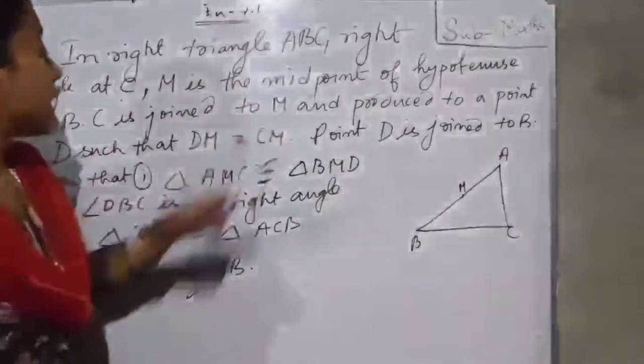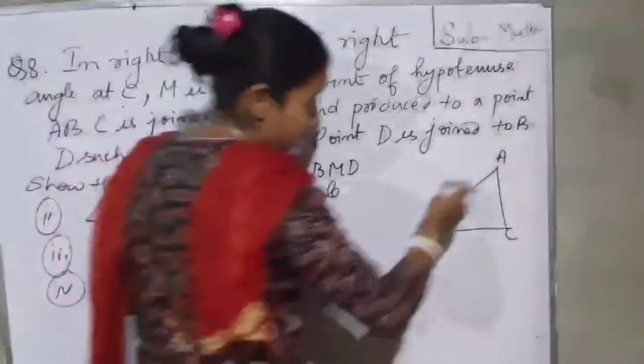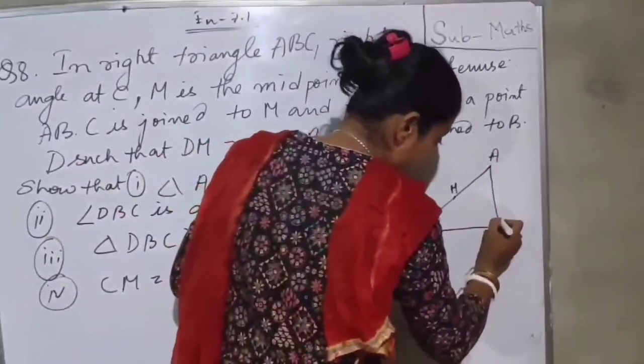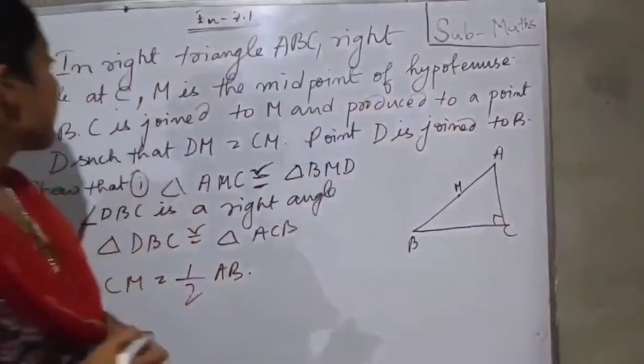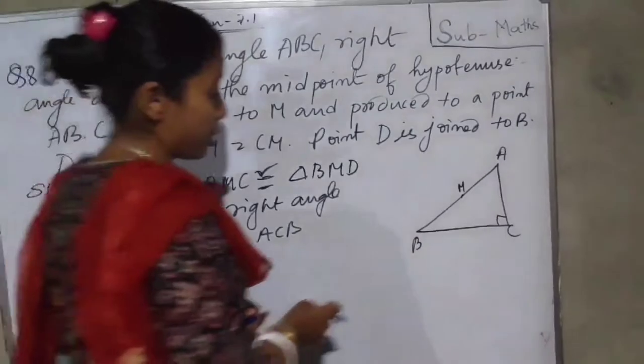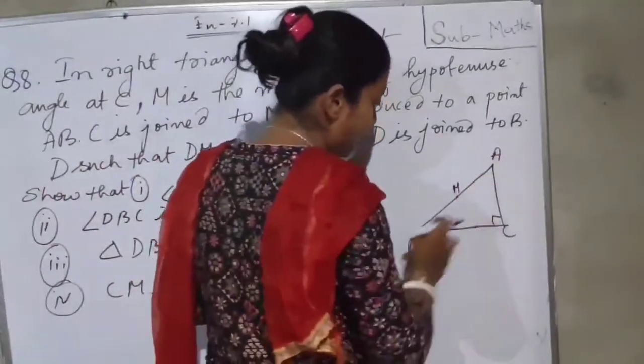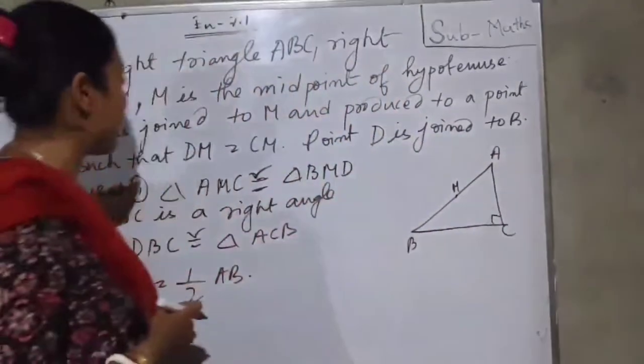This is question number 8. In right triangle ABC, right angle at C, M is the midpoint of hypotenuse AB. AB is your hypotenuse and M is the midpoint of AB.